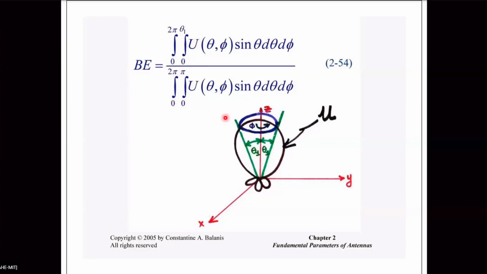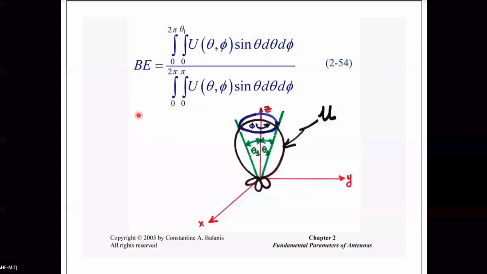If you consider a sphere completely enclosing the antenna, you will get the total power. If you want to find the portion of the power within this cone, then you have to integrate 0 to 2 pi, 0 to theta 1, u of theta phi, sin theta d theta d phi.